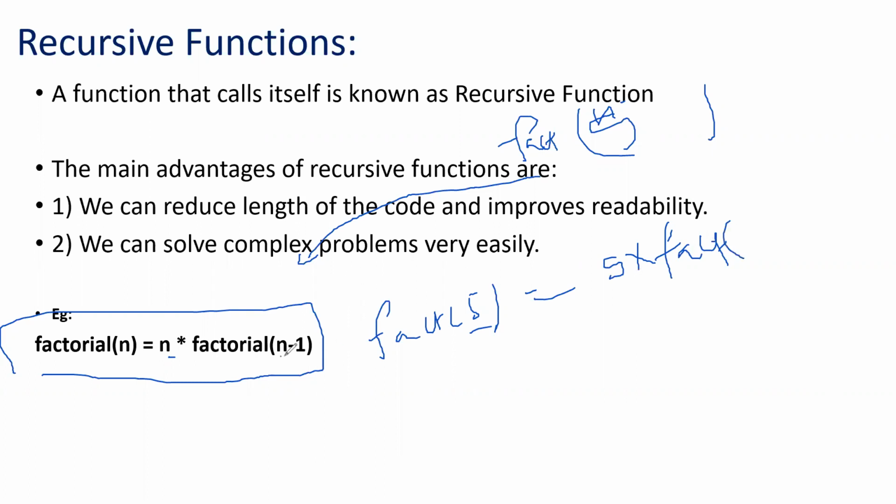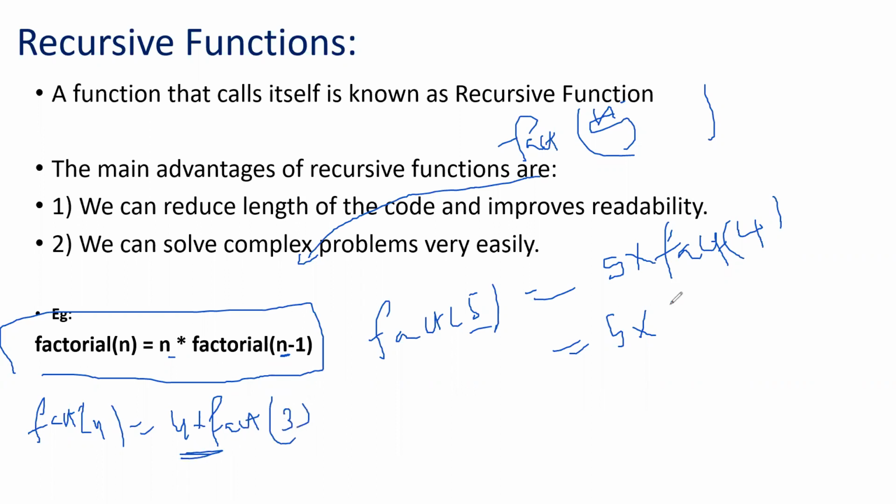Fact n minus 1 means 5 minus 1, that is 4. Now we need to find out fact 4. We don't know it yet. Simply again, 4 into fact 4 minus 1, 3. 4 into fact 3.